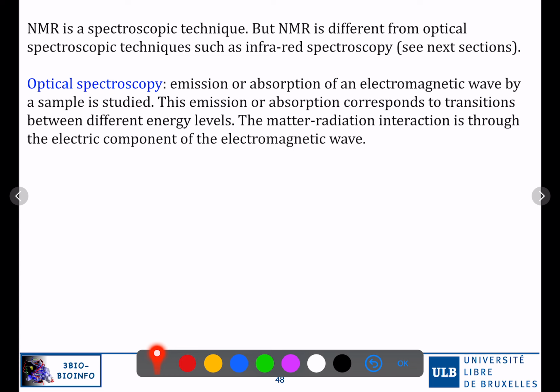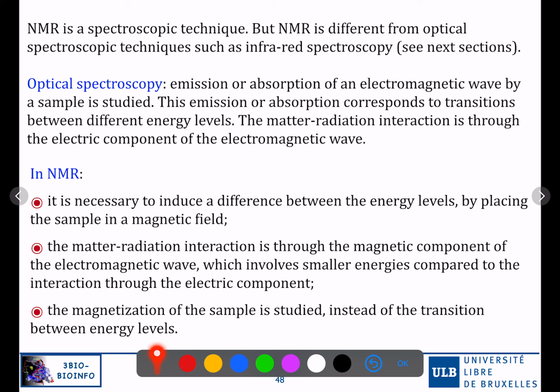We will see that this emission and or absorption correspond to different transitions between energy levels. In this case, the matter radiation interaction is through the electric component of the electromagnetic wave.